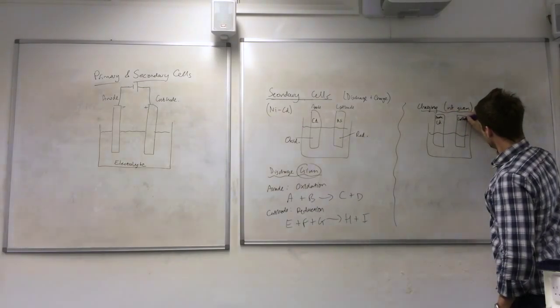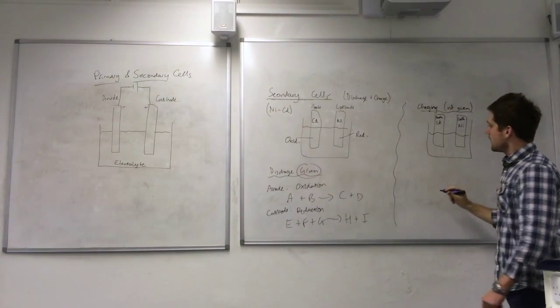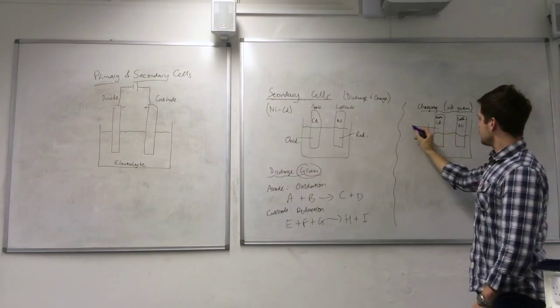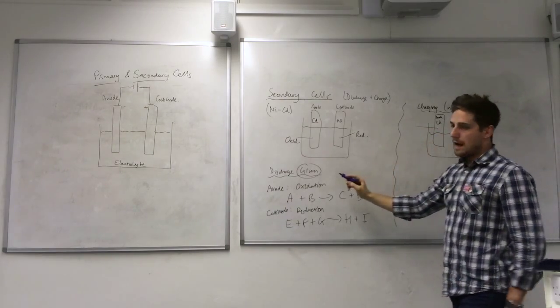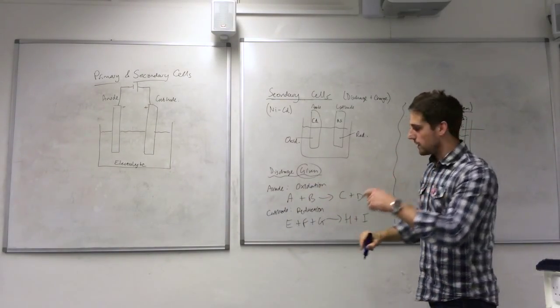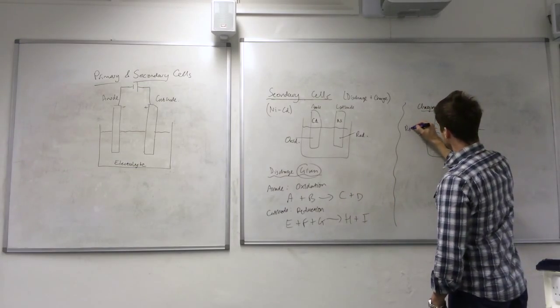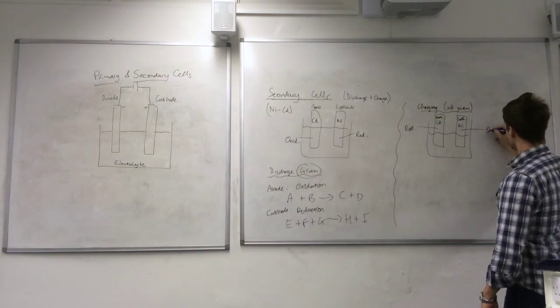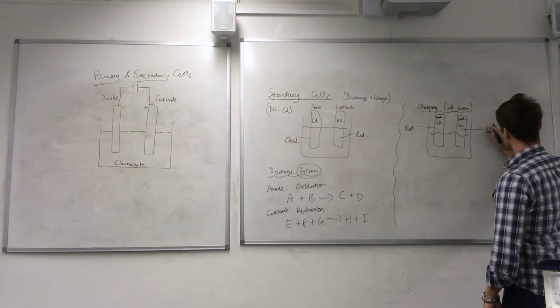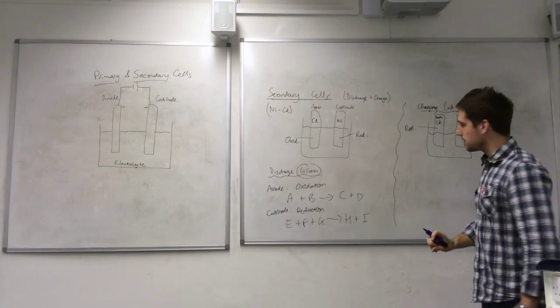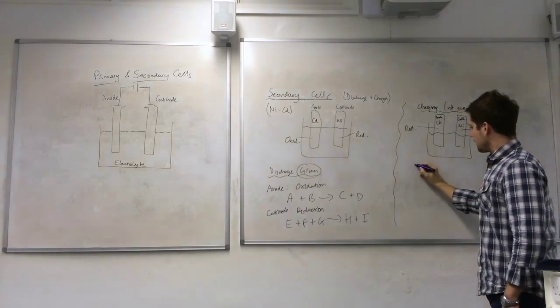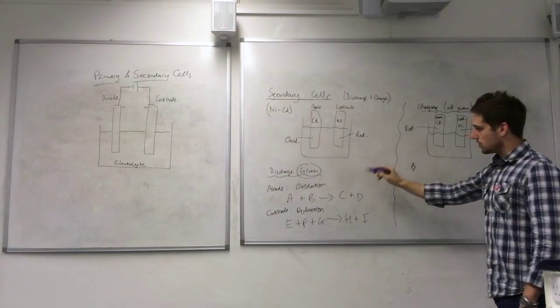Cathode here. This is nickel. This time during charging, at the anode you have the reverse reaction taking place. So that's a reduction one. And here you have oxidation taking place at the cathode.